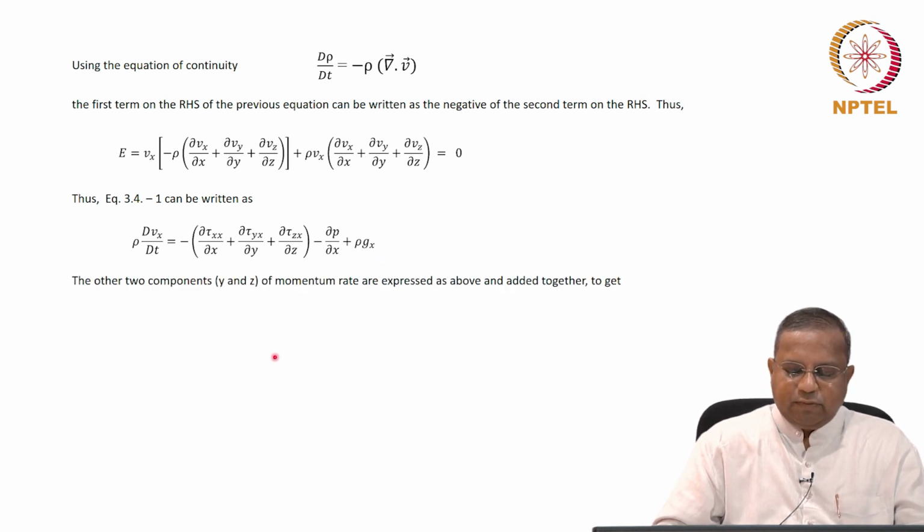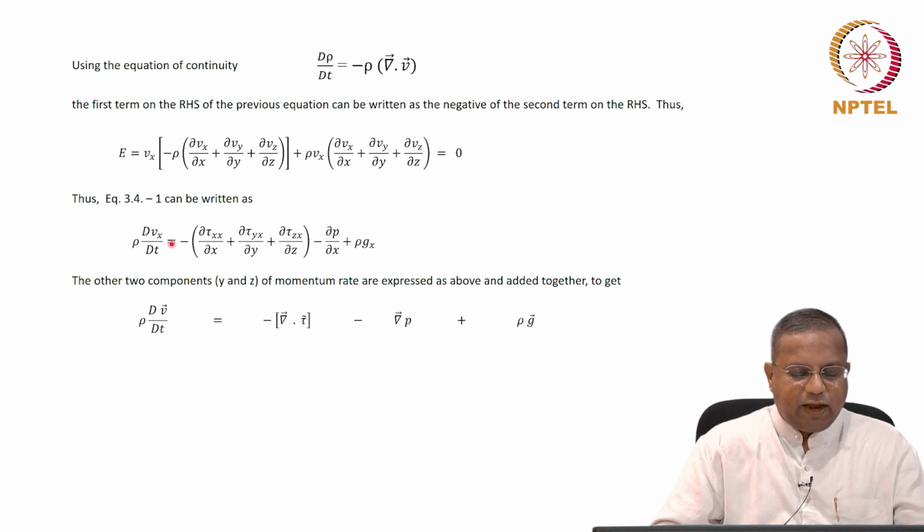The other two components can be written by extension. You put in the appropriate subscripts here, you will be fine, and putting them all together in terms of the substantial derivative, we can write the equation of motion as ρ D/Dt of v equals minus del dot τ tensor minus del of p plus ρg.